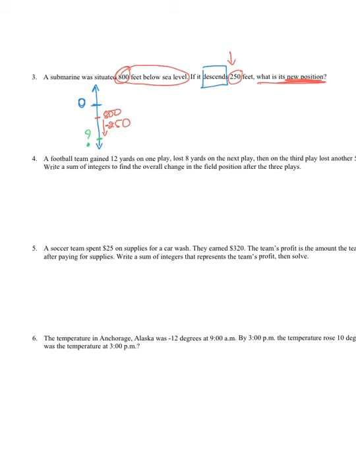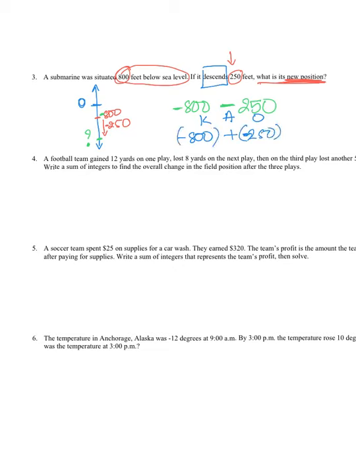So we will have negative 800 feet below sea level. Descend means subtract 250 feet. That is my expression. Let's solve it. When I have a subtraction problem, I'm going to do KAO: negative 800, add, what is the opposite of 250? Negative 250.